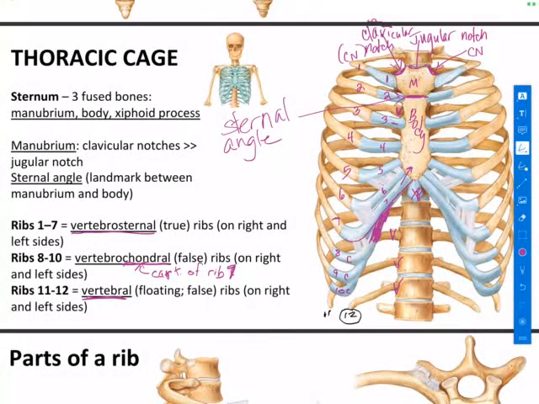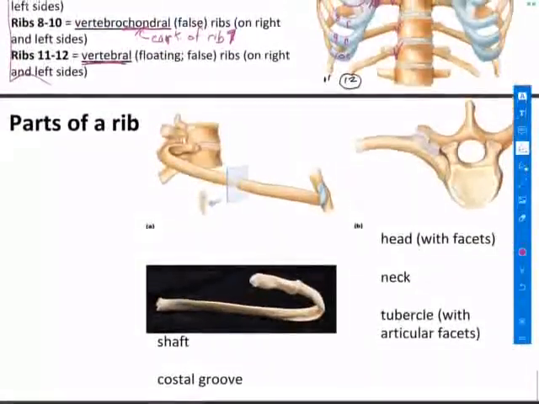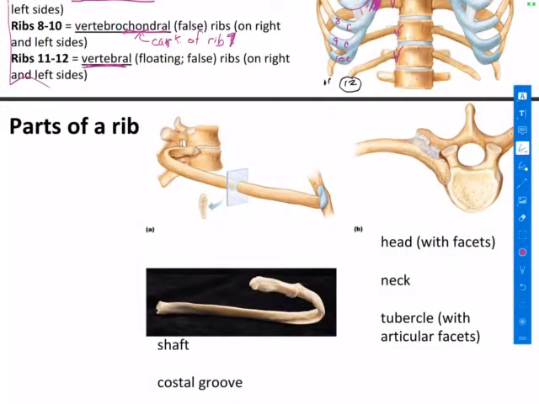So most often we see this. We see ribs 11 and 12 is vertebral, 8 through 10 is vertebral chondrule, and ribs 1 through 7 is vertebral sternal.